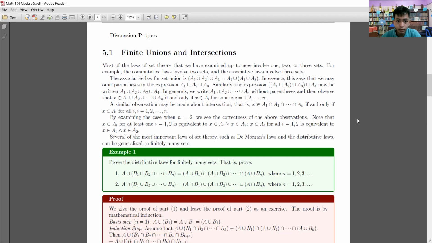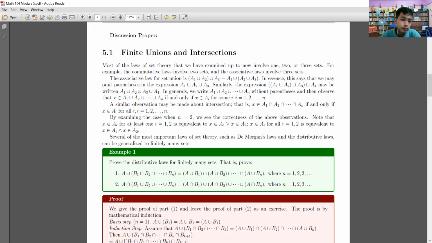So, what does that mean? In the union, if we have a union like this, if x is in the union of the sets, it means that x is in A sub i for some i.